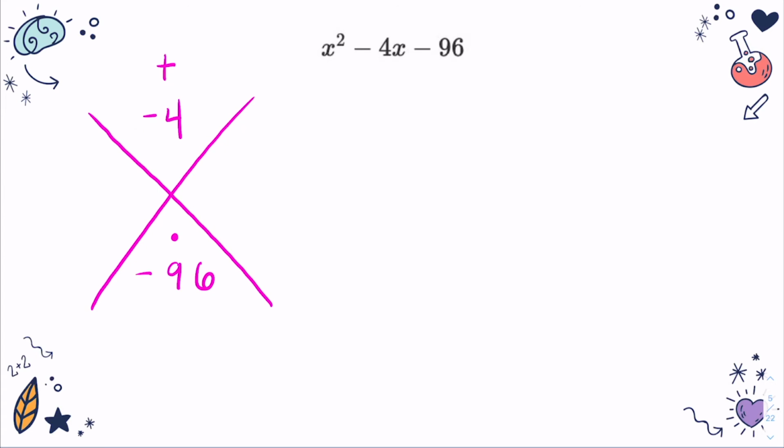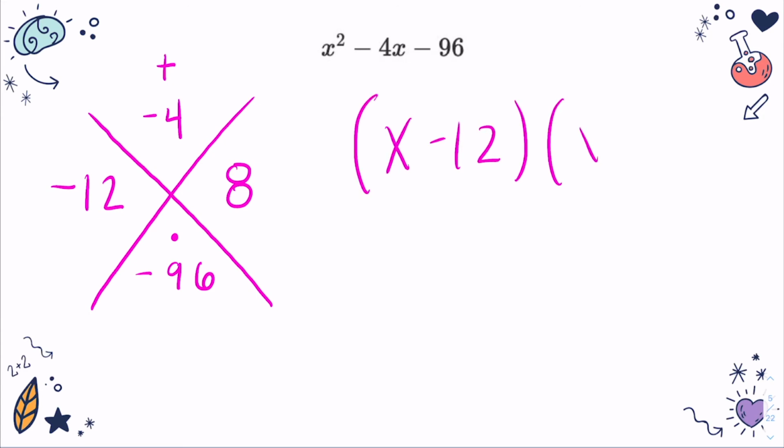So going through all of those factor pairs of 96, we finally get to negative 12 and positive 8. Negative 12 times 8 is negative 96. Negative 12 plus 8 is negative 4. So then our factors are x minus 12 and x plus 8.